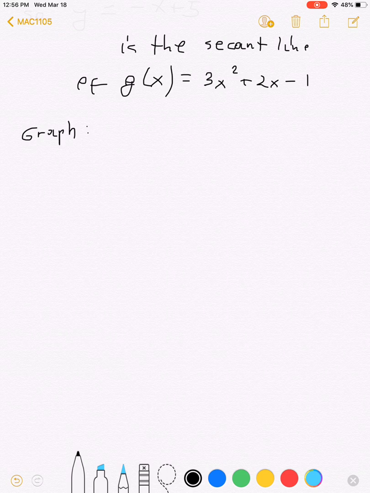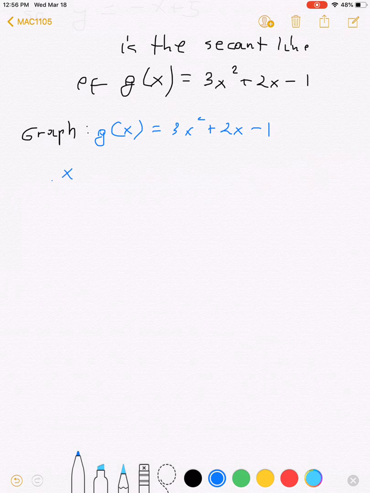So let's graph g of x equals 3x squared plus 2x minus 1. Okay, so this is a quadratic function. I'm just going to use the 2 given points and find one extra.